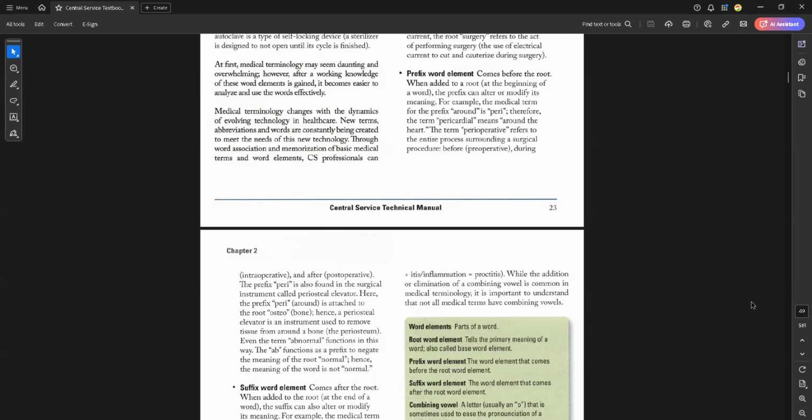So you can see, the prefix comes before the root. I'm reading under prefix word element: comes before the root. When added to a root at the beginning of a word, the prefix can alter or modify its meaning. So you can never have a medical terminology without a root, but you can have, of course, one without the prefix or the suffix.